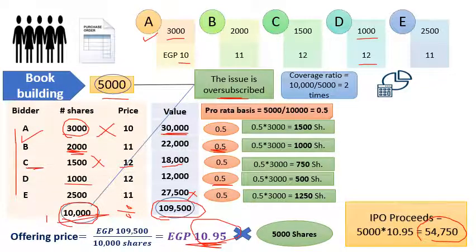So the IPO proceeds can be obtained by multiplying the number of shares offered by the company at the final offering price, which is 10.95. So the company actually raised 54,750 Egyptian pounds from this IPO.